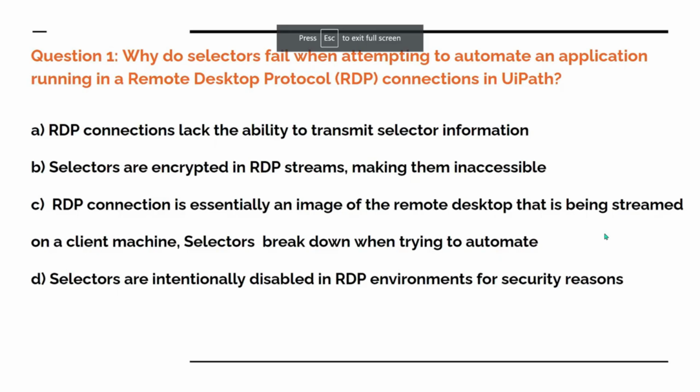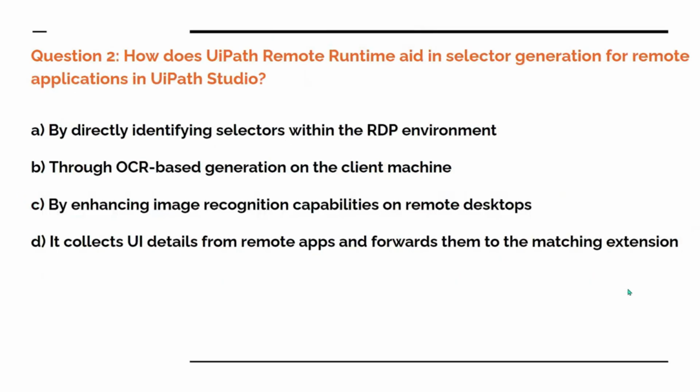Let's move on to our second question. How does UiPath Remote Runtime aid in selector generation for remote applications in UiPath Studio? Basically, it is asking how UiPath Remote Runtime helps to generate selectors. Options are: by directly identifying selectors within the RDP environment. Does it directly identify? Through OCR-based generation, does it use OCR on the client machine?